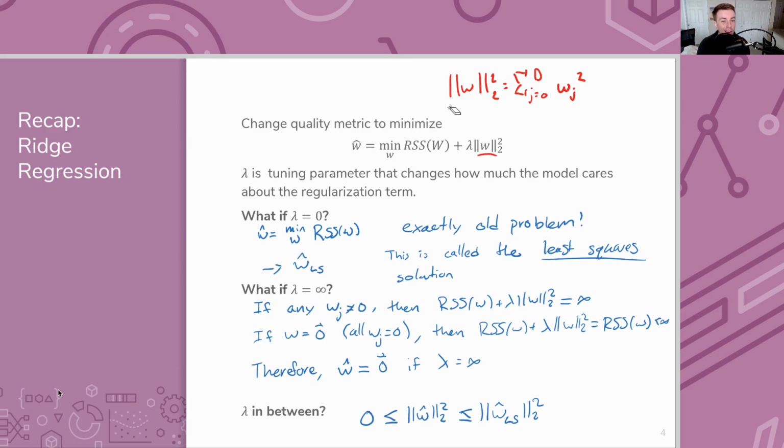And so we explored, well, okay, if I'm changing my quality metric, this will change which model I think is the best, or which predictor in a particular model is the best. So if I'm using this particular sum of squares in my coefficient magnitudes, it's going to change which coefficients minimize this sum. It's no longer the coefficients that just minimize RSS.